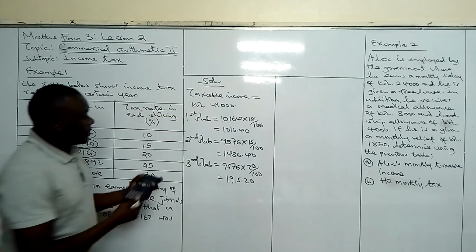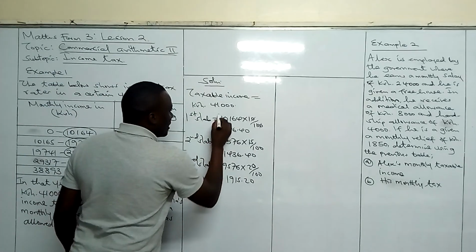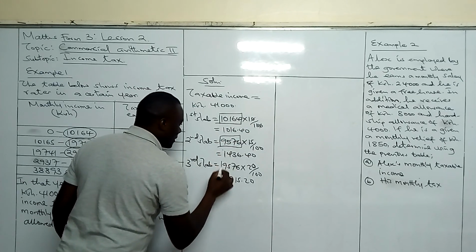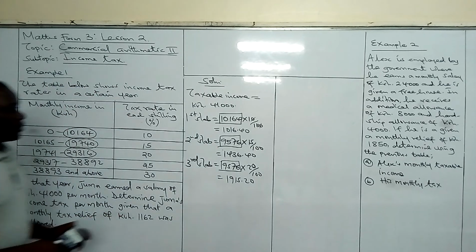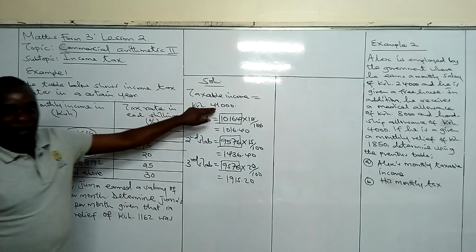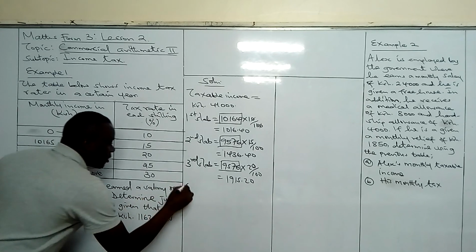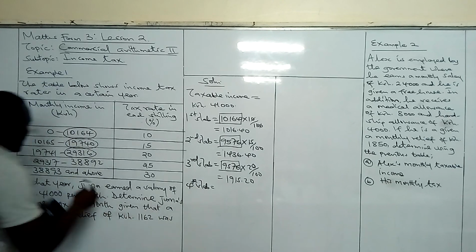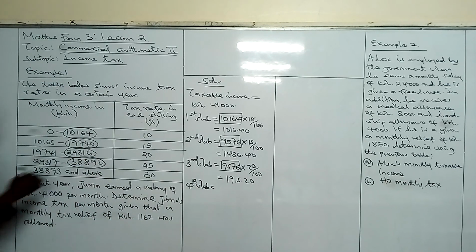If we add this money here, which is now our taxable income, I'm sure we have not yet reached the money that we have as our taxable income, so we can proceed. We can go to the fourth slab, and then we will take 38,892.